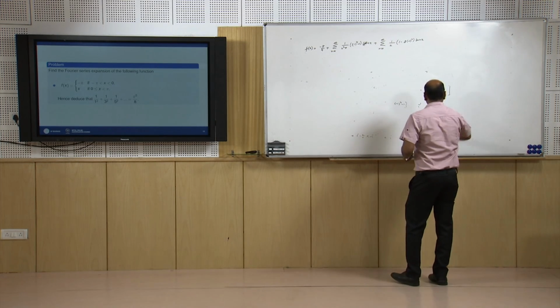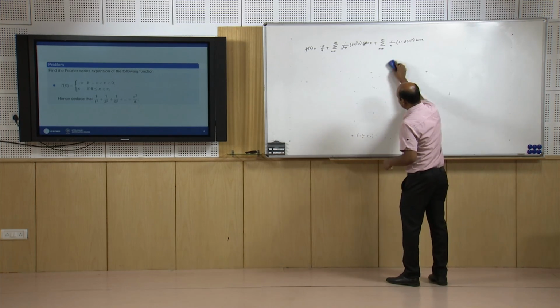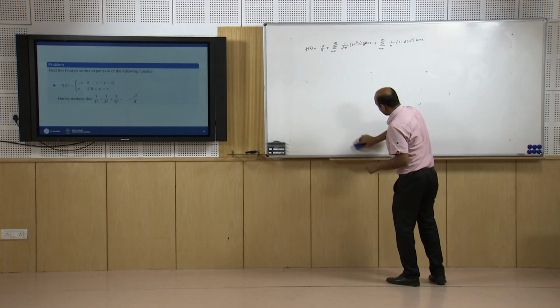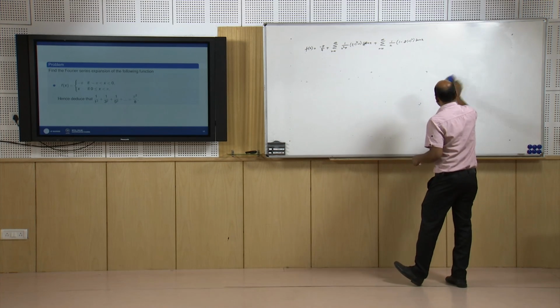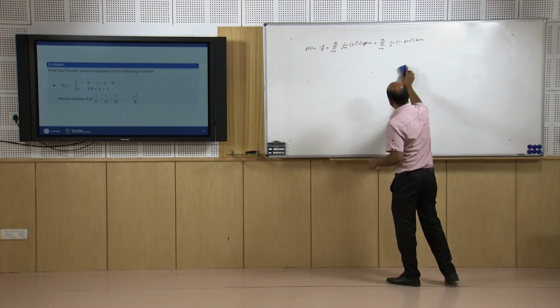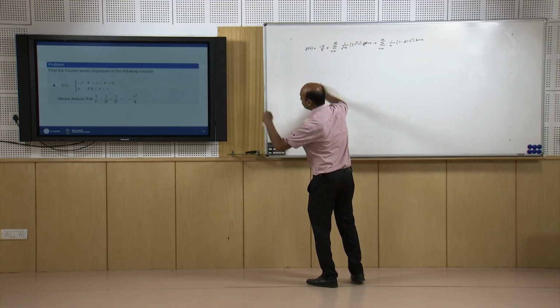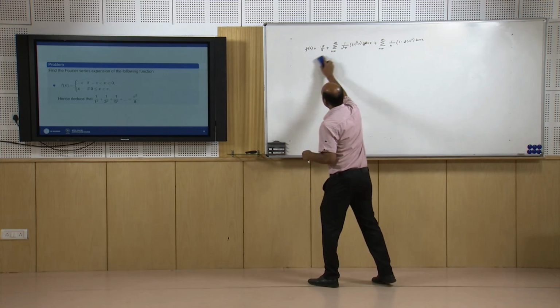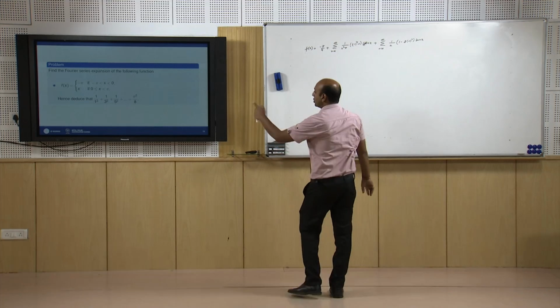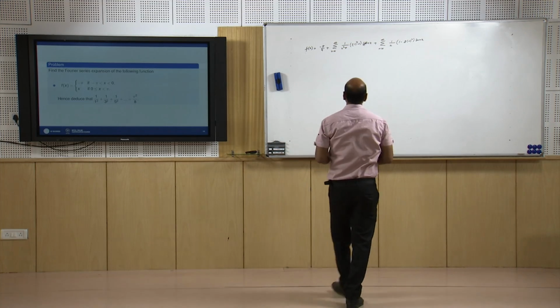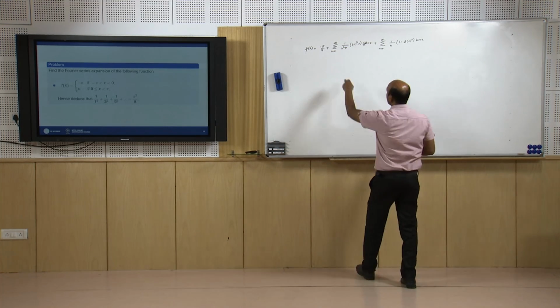Now, this will converge to this, because we have seen that the conditions of convergence of Fourier series of a piecewise continuous function hold here. Now, we want to deduce this expression. It is 1 by 1 square, and n square is only here.